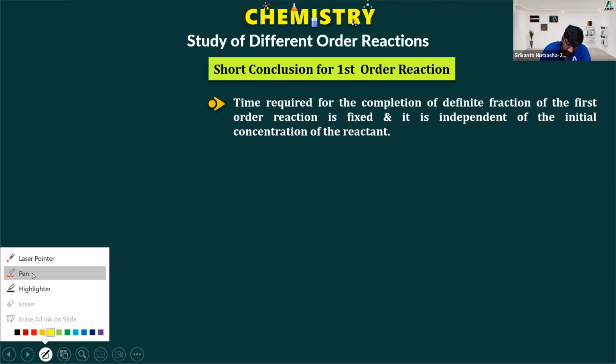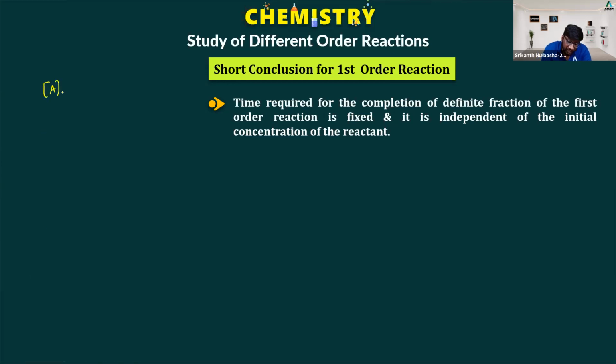You can write this derivation. Concentration of A at any time is equal to initial concentration divided by 2 power n, because initially I have 100, 100 to 50, 50 to 25, 25 to 12.5, 12.5 to 6.25. That is 4 T half I have done.